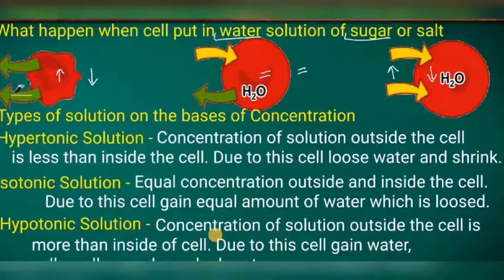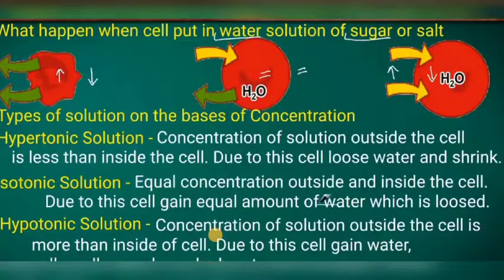Here you can see in the first figure, at the outer side of the cell, the concentration of the solution is very high compared to inside the cell. So all the water present inside the cell comes out and the cell will shrink.